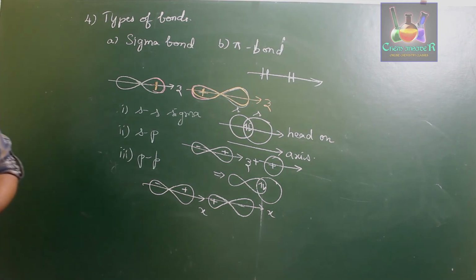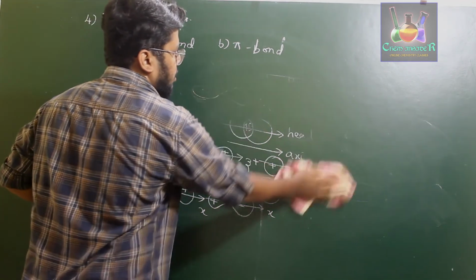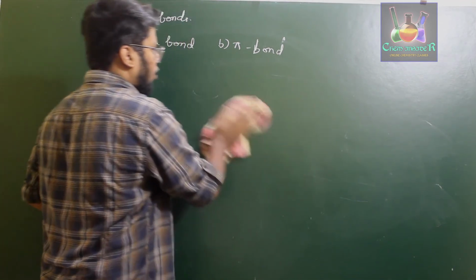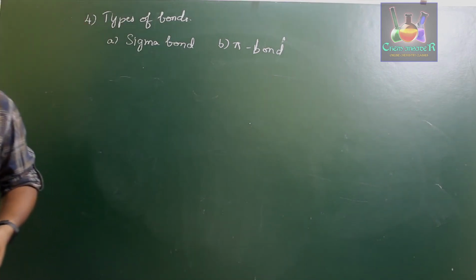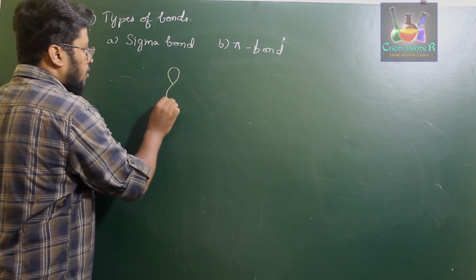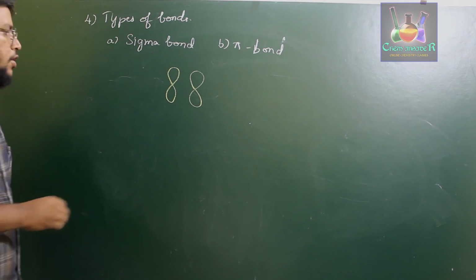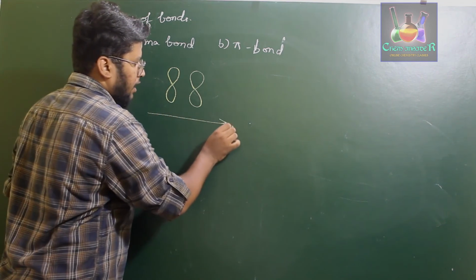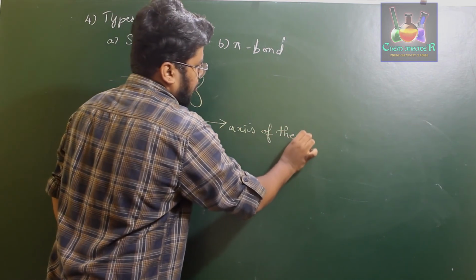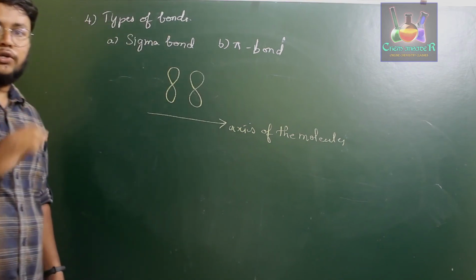Now, for a pi bond to form, it should always involve a p orbital. Pi bonds will always be formed by the overlapping of p orbitals, but in this case the axis of the p orbital should be perpendicular to the axis of the molecule.